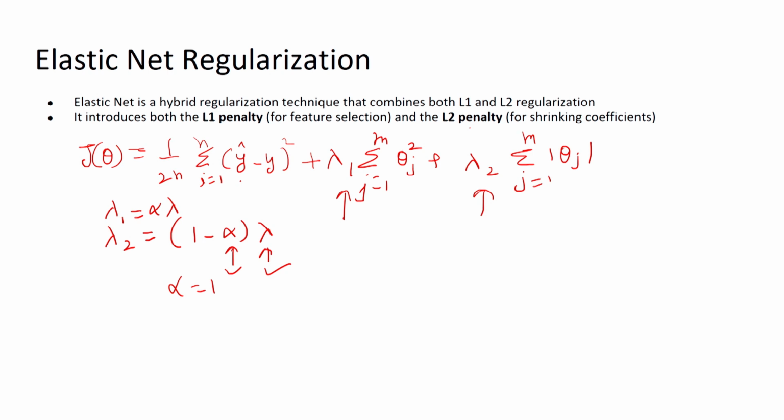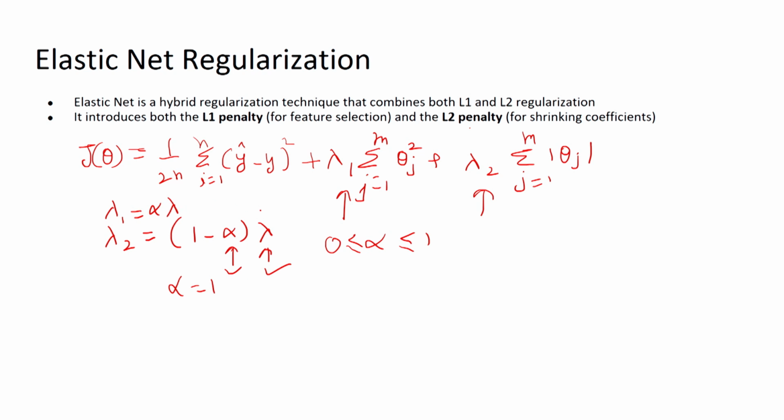So based on the value of alpha, you are giving weightage to L1 regularization or L2 regularization in your model. The value of alpha can be between 0 and 1, and its value will decide how much weightage you are giving to which particular regularization.